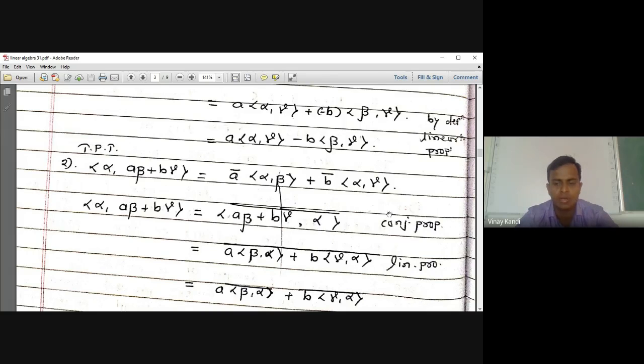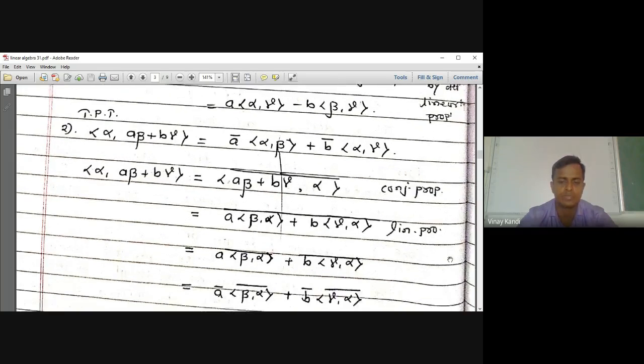Taking A and B outside the inner product by the linearity property, we can write A into inner product of beta alpha plus B into inner product of gamma alpha, and the whole bar is there. By which property? The linearity property of inner product space.